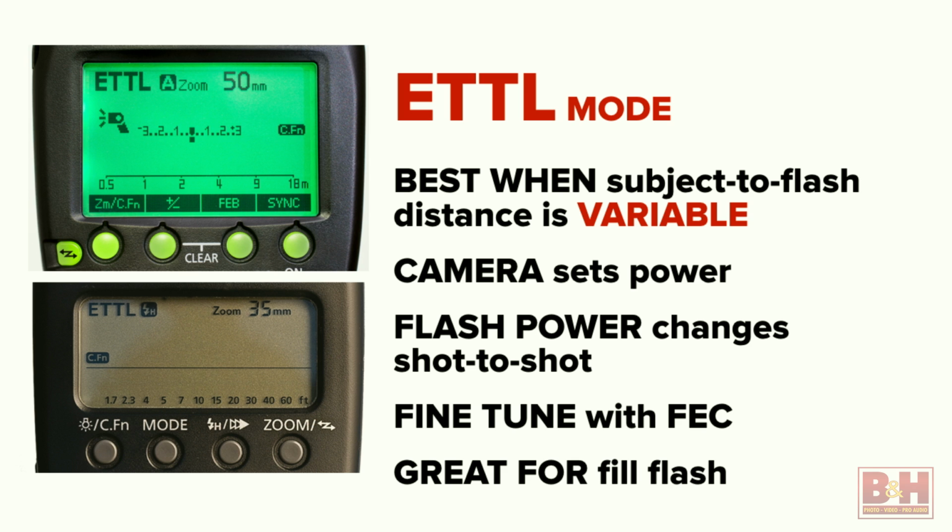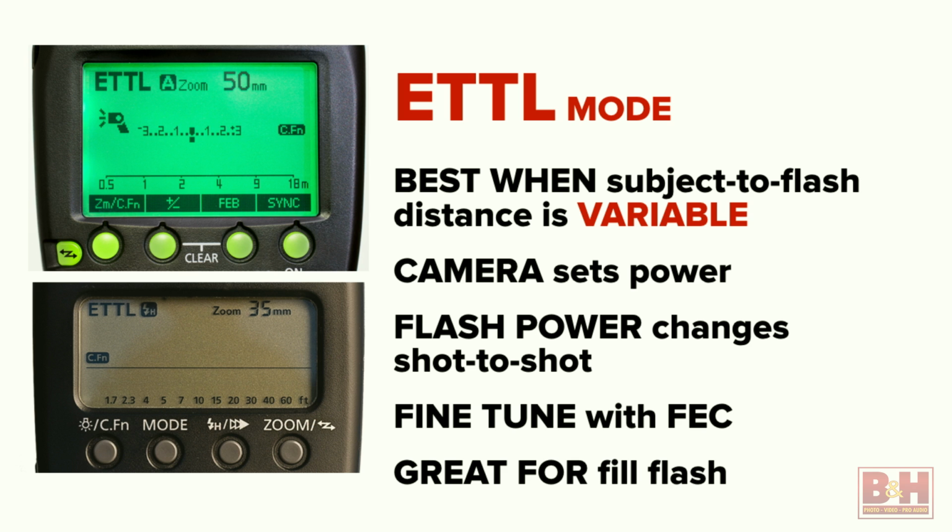Why? The camera sends out a measuring flash, a pre-flash, 1/32 power. It evaluates the light that comes back in through the lens. It evaluates it both in terms of how much flash and where it's coming in from in the scene. It compares, that's the evaluative part, it compares those flash meter readings to ambient meter readings that it took literally a split second before it fired the pre-flash and after.